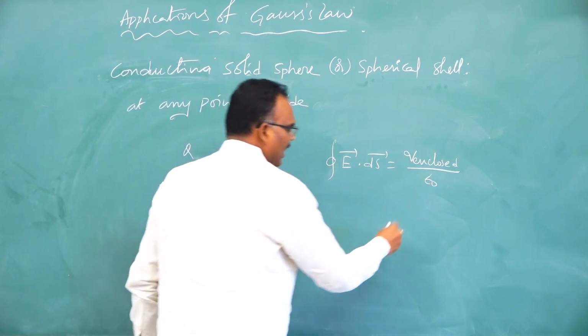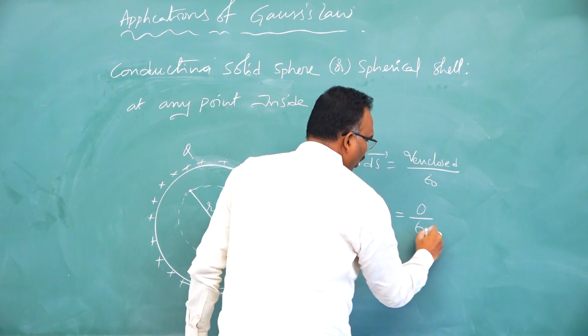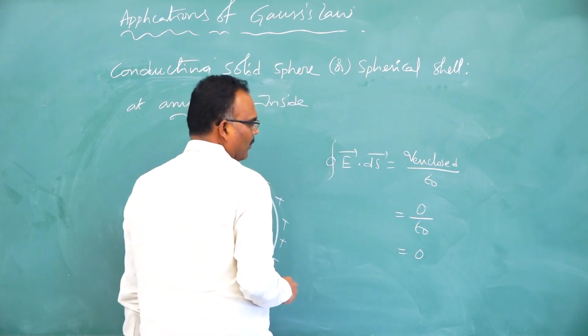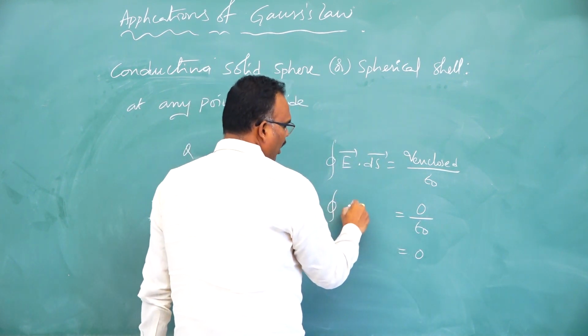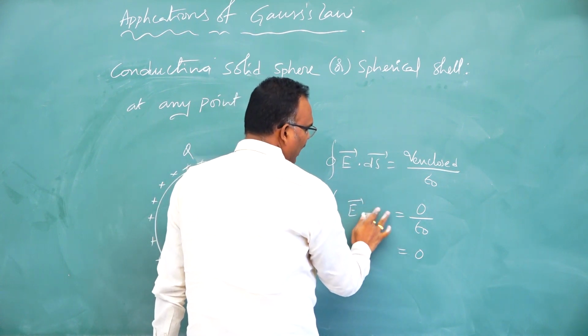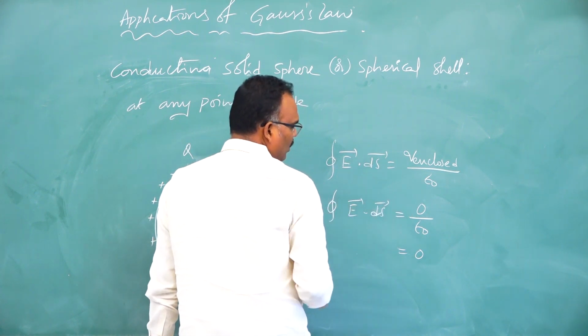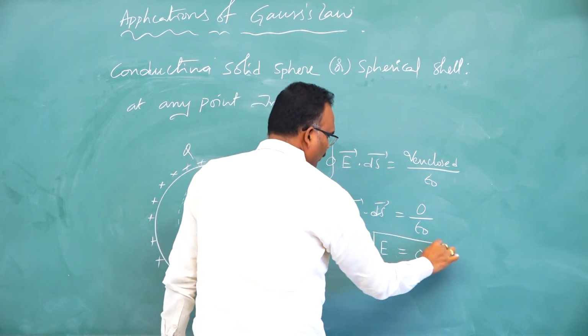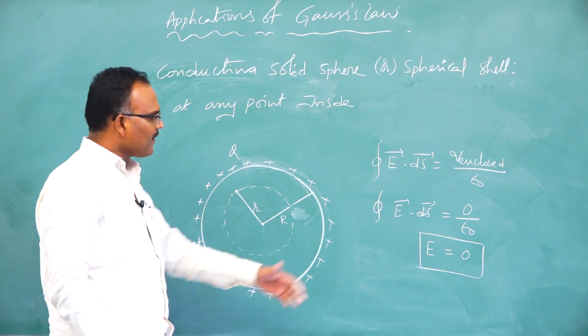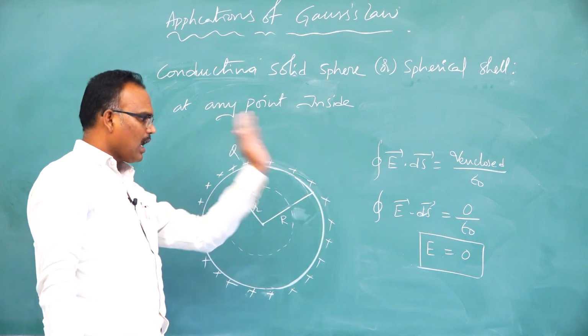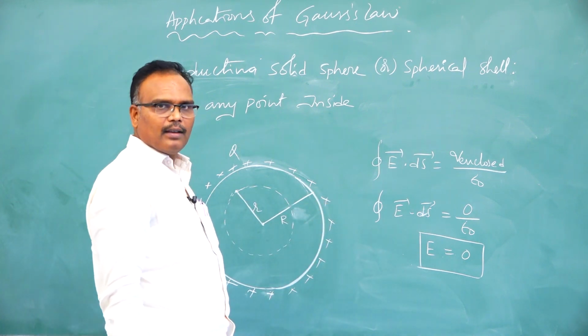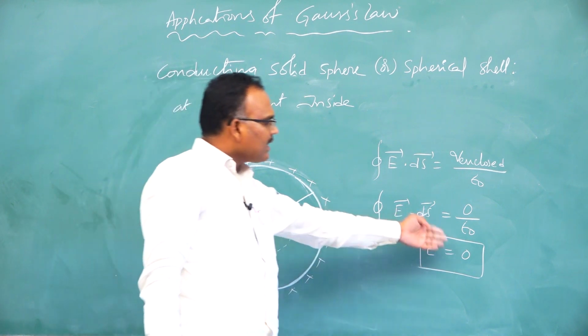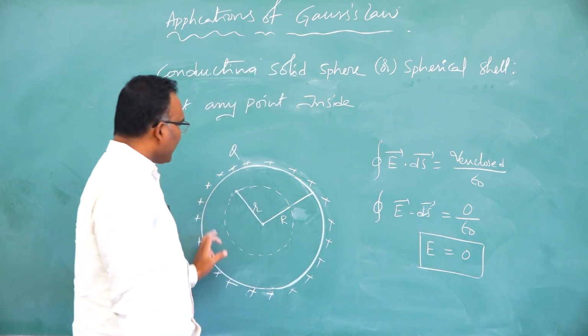So here we should write 0 by epsilon naught; 0 by anything is 0. So the electric field becomes 0. Other than the electric field, everything on the left hand side goes to that side. So 0 by anything is 0. So the electric field at any point inside is 0.